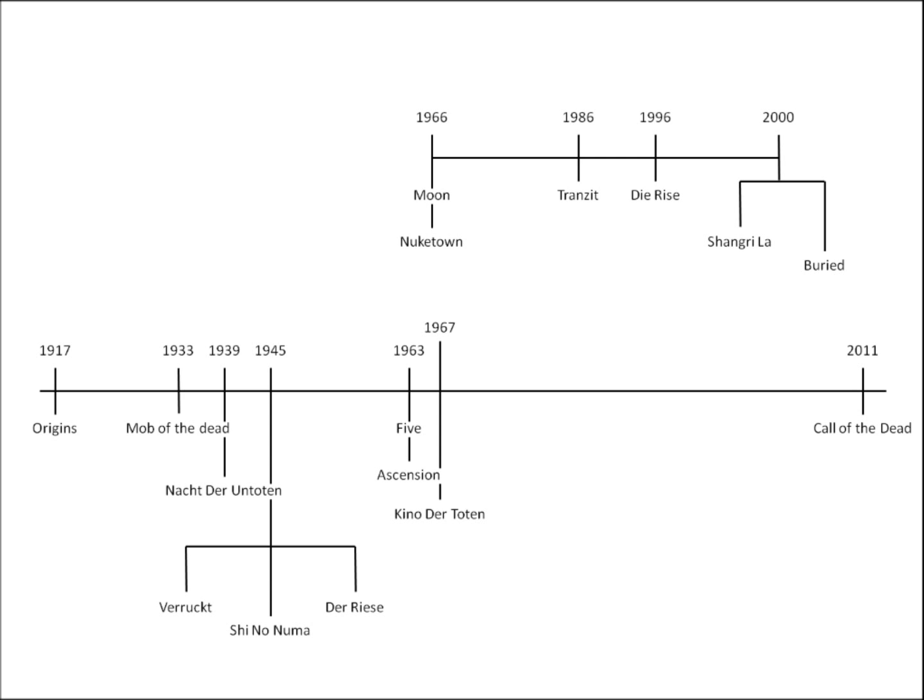Transit, Die Rise, Buried, and Origins are all part of this new map set for Black Ops 2. Technically, what they're saying is the Earth is broken up into itty-bitty pieces now. It's broken into many different pieces. So in 1986 is when Transit is apparently taking place.